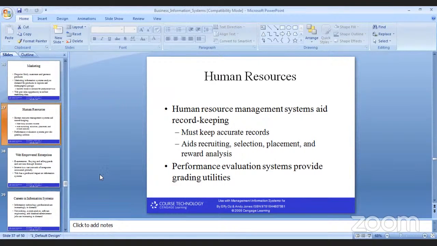The data will be provided as per the records stored in the database, and that will be used by the management to take decisions.